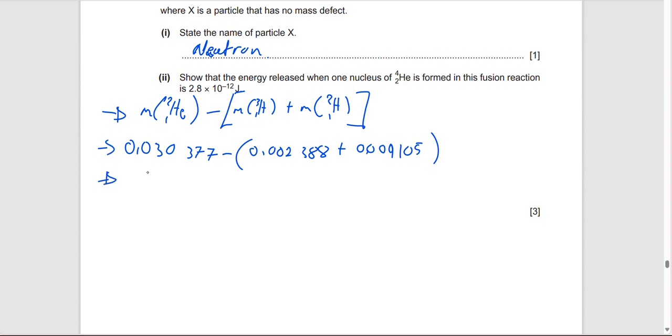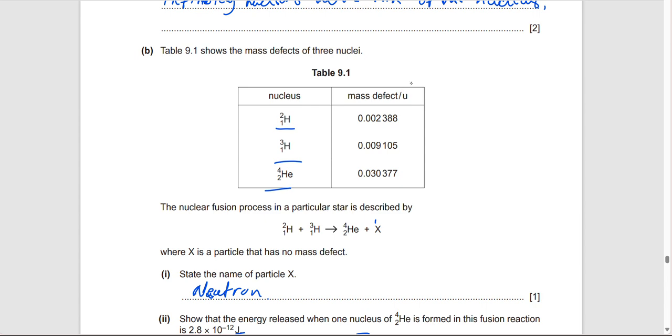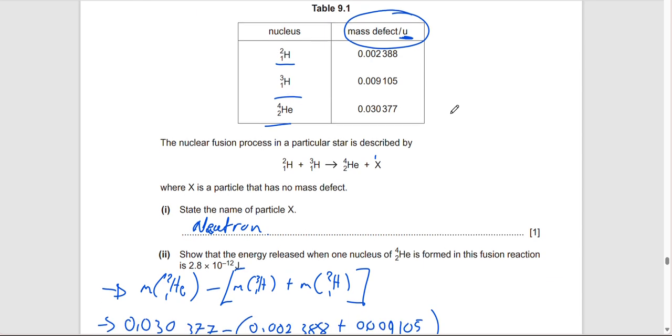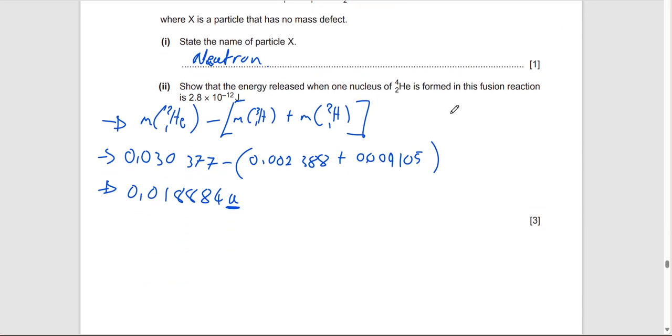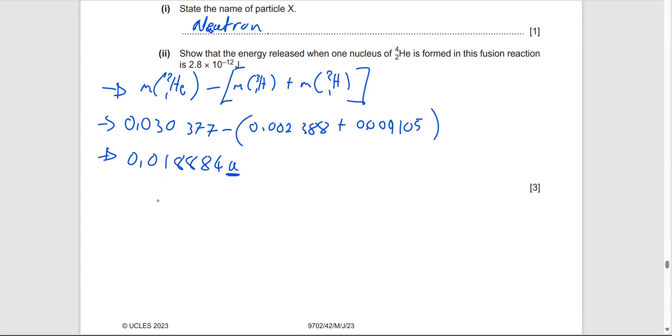Then you have that, and your mass defect is going to be equal to 0.018884. Remember, this is in atomic units, U, right? Look, it's in unified atomic mass units, right? The U. Okay, so now use that equation.